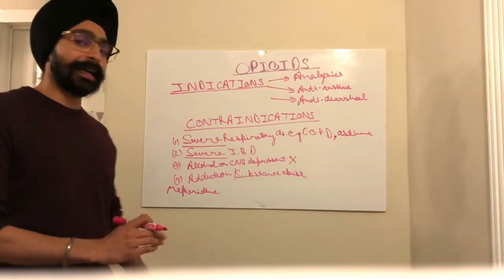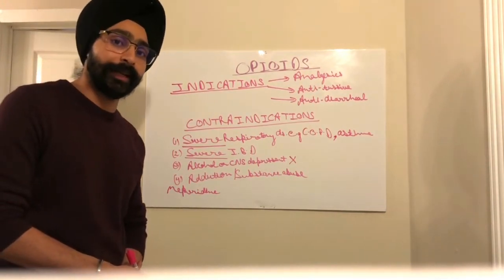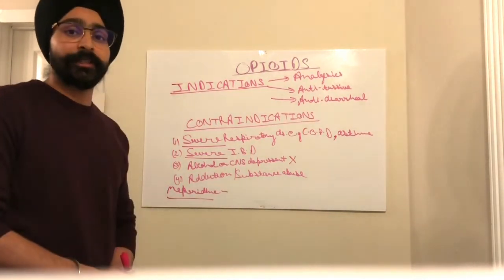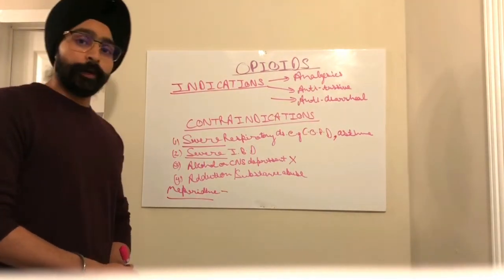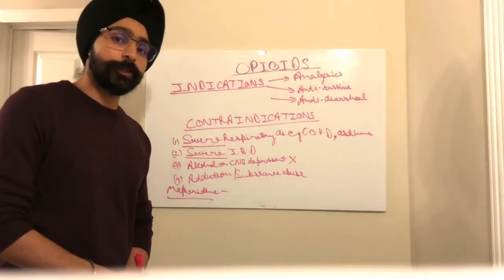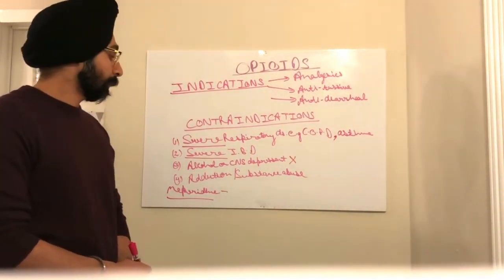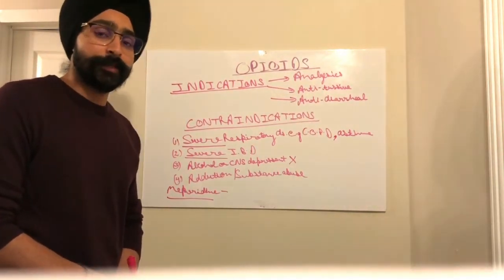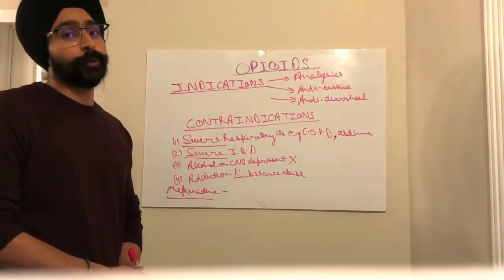So if a patient has taken monoamine oxidase inhibitors in the past 14 days, then meperidine becomes an absolute contraindication in that patient. One thing more, codeine is not allowed to be used in patients under 12 years of age in Canada. So if a patient whose age is less than 12 years is given codeine, then in that particular case, codeine becomes an absolute contraindication.